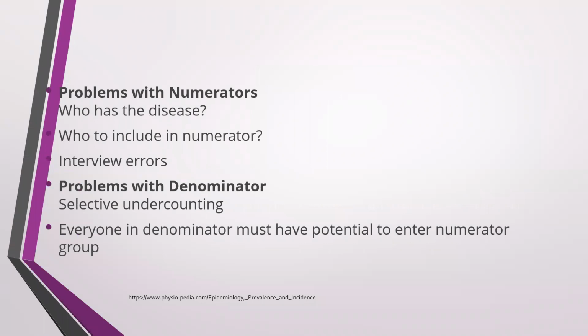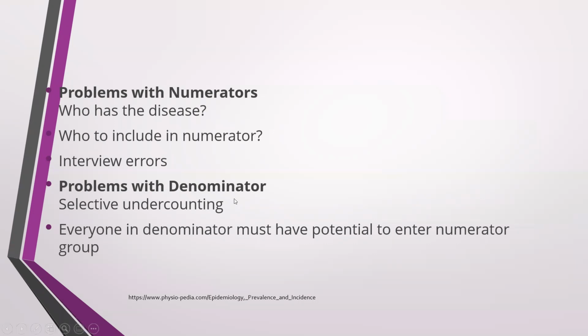Problems with numerators and problems with denominators. Whenever we are calculating these rates, we can get problems with numerators and denominators. Problems with numerators, for example, are who has the disease, or who to include in the numerator from the target population, and maybe there is some kind of error or bias.